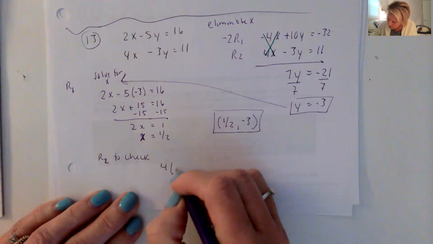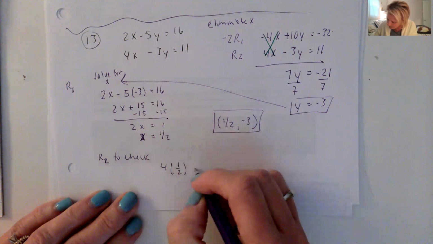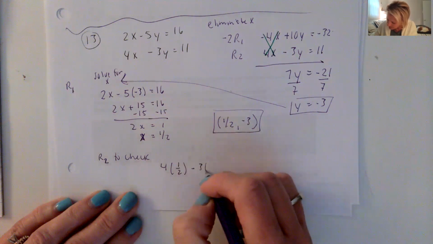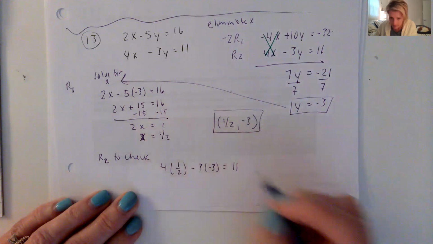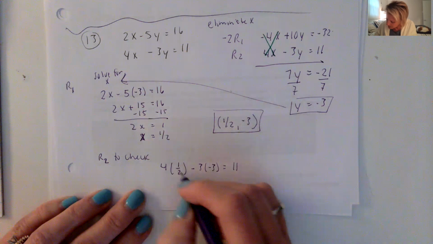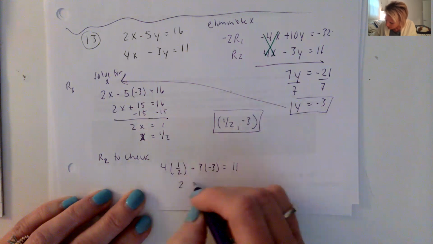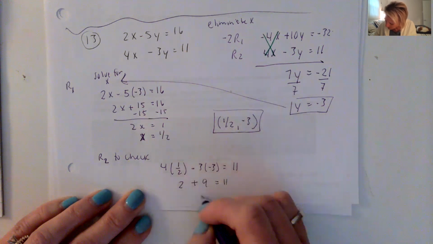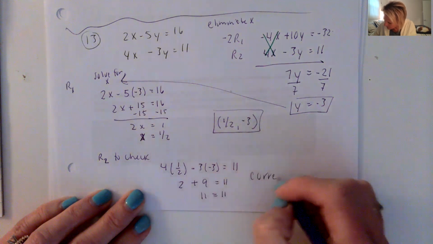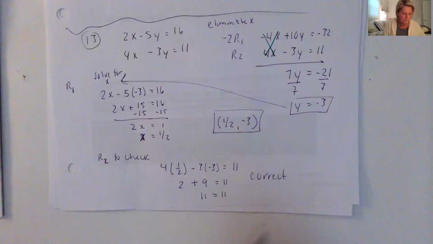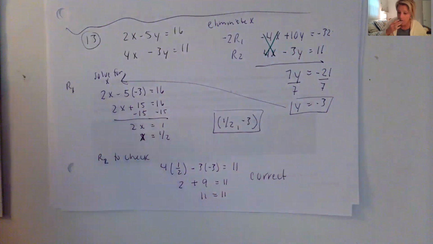So 4 times 1/2, because that's x, minus 3 times -3, because that's y. Does that equal 11? So 4 times 1/2 is 2 plus 9 equals 11. And yes, 11 equals 11. So we are correct. That's what we're looking for. So let's look at number 25.